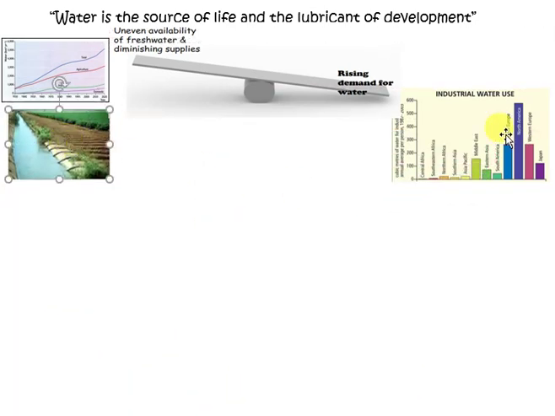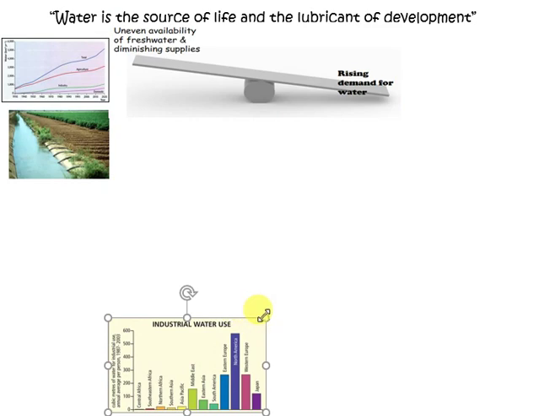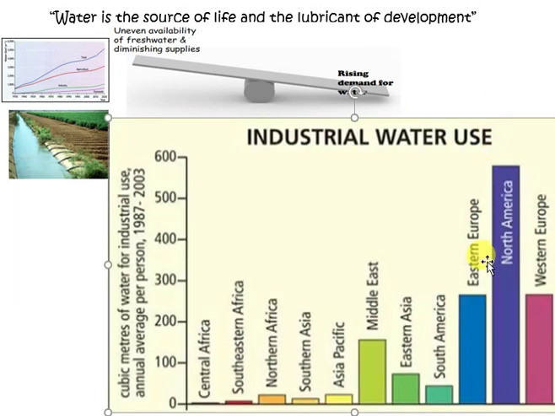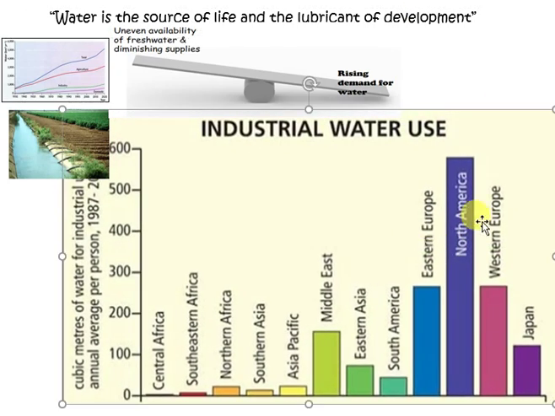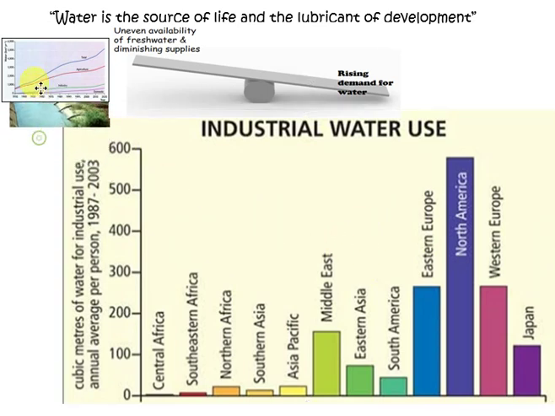Industry. If you look at this graph, water use by different regions in the world, there's obviously a link between level of development and water use. North America, the world's largest economy, by far and away uses the most water for industrial use.